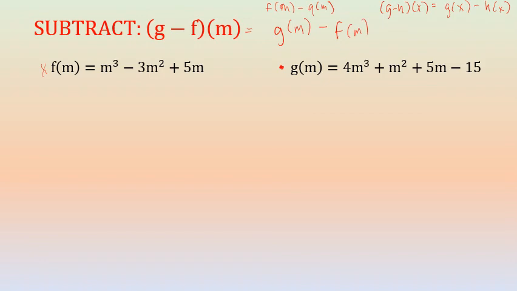Bakit? Kasi yung hinihingi is g minus f, not f minus g. Okay? So, please make that clear. Teka lang, erase muna natin itong mga nasa taas natin. Para hindi kayo mabother dito. So, ayan. So, our formula is this one.